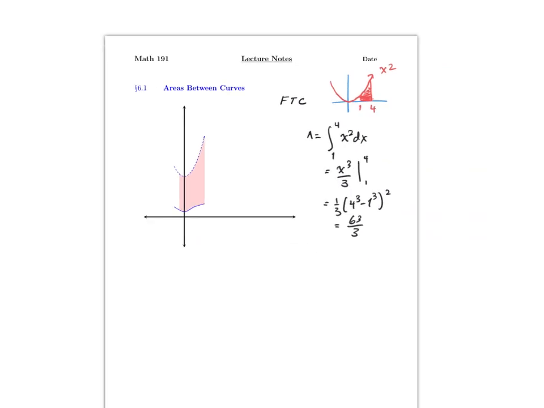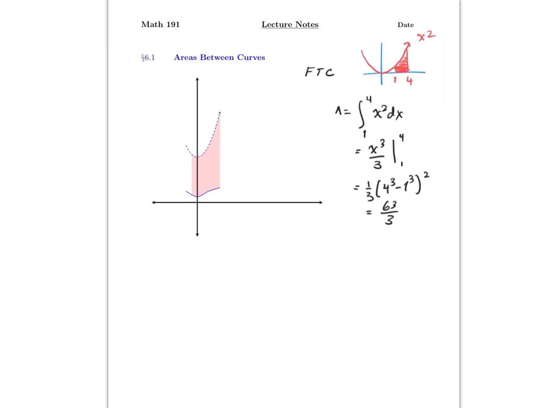Now in calculus 2, we have something very, very similar, except that now you have two functions. The upper function is going to be called f of x, and the lower function g of x, or you can interchange them. It doesn't matter. So the point is, this is the upper function, and this is the lower function.